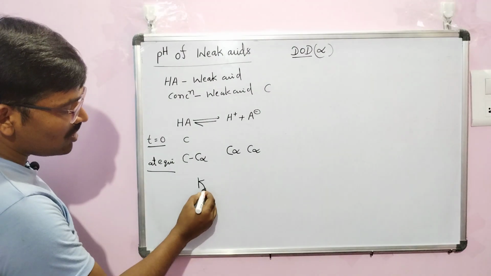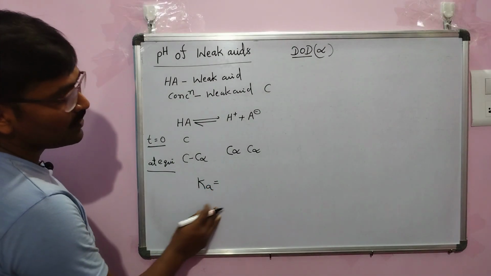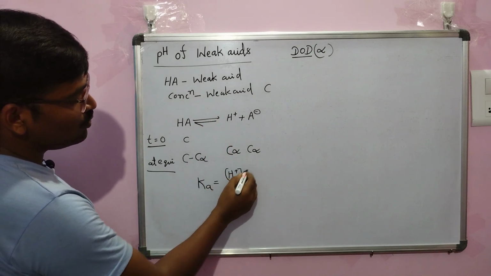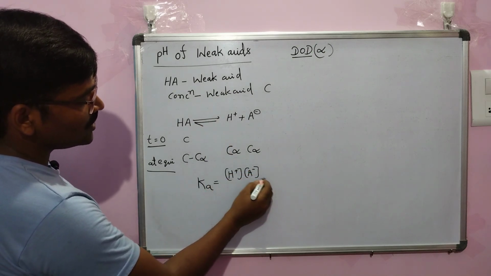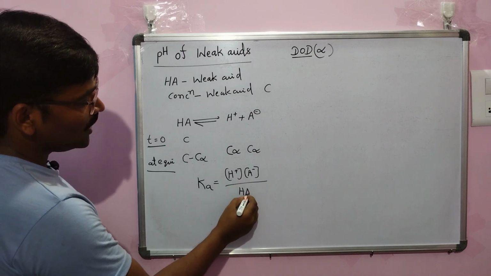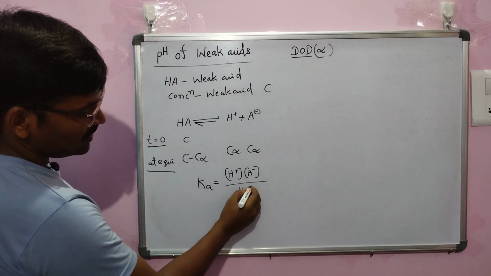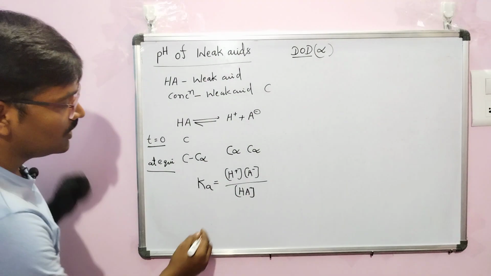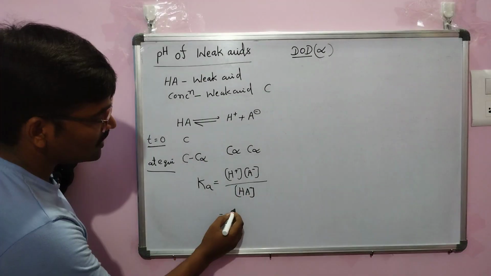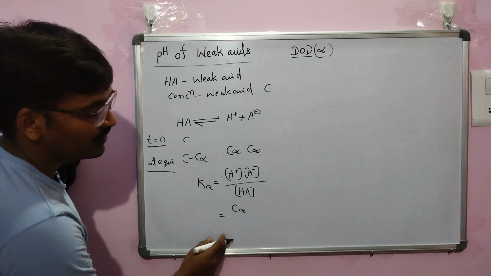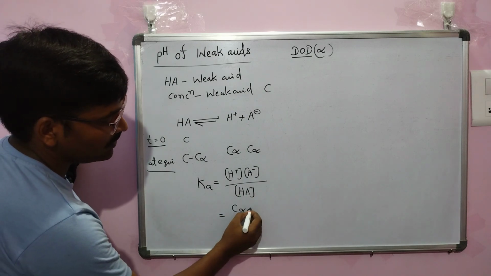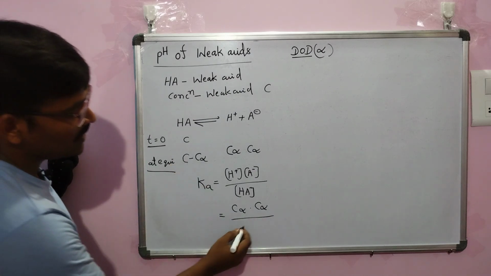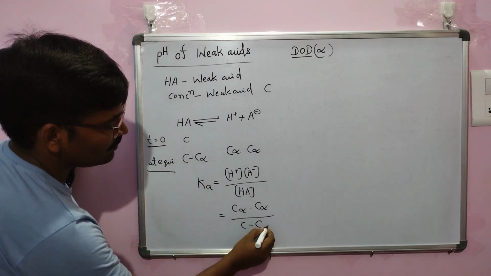So the ionization constant Ka equals H plus ion concentration into A minus ion concentration divided by HA concentration at equilibrium. Here H plus is C alpha into C alpha, divided by C minus C alpha.